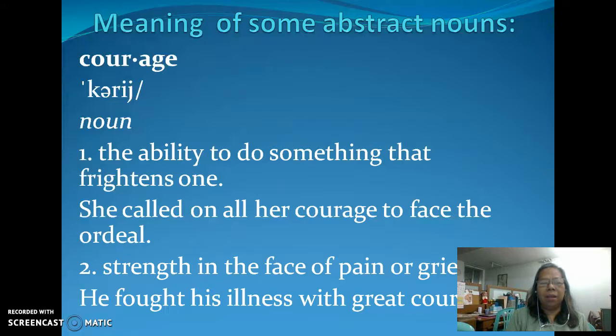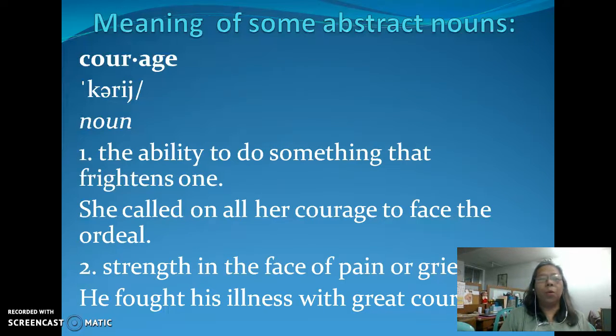Under the second meaning, I have, he fought his illness with great courage. So, you probably have noticed now that the word courage is something that cannot be seen, it cannot be touched, nor can it be smelled, because it is an ability. It is categorized as a strength.